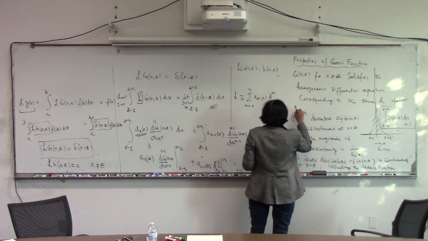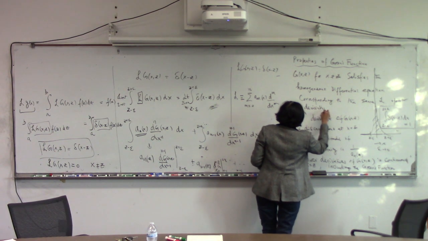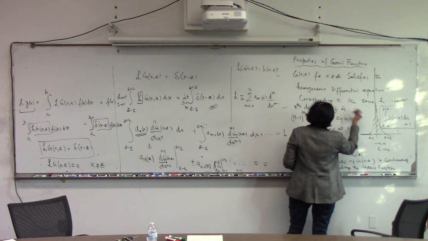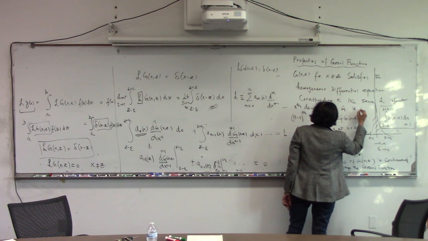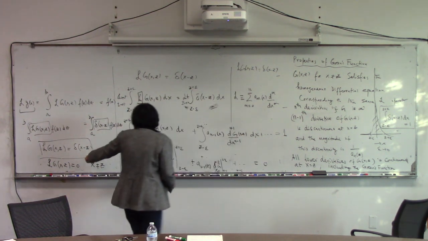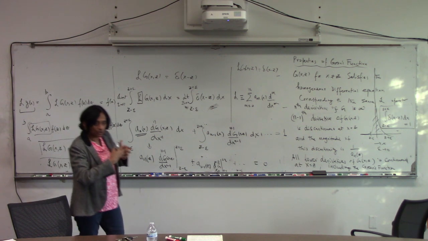The nth derivative of g at x equal to z is infinity basically. Okay, so that is coming from that property, whereas the others are coming from the integration of the Dirac delta function around x equal to z.